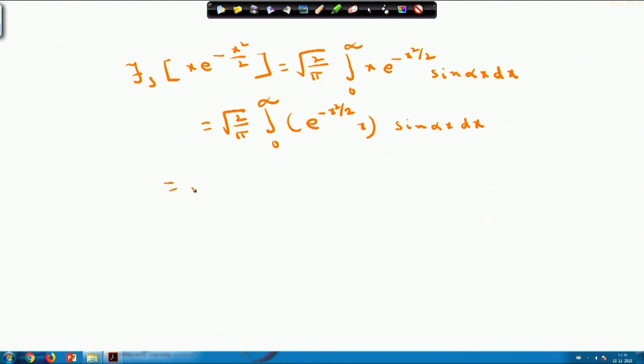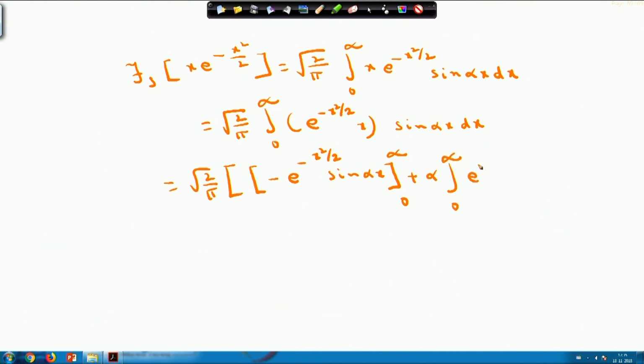Now, you use integration by parts for evaluation of the integral. So, you can write this equals minus e^(-x²/2) into sin(αx) from 0 to infinity, plus α into the second integral, which will come as e^(-x²/2) into cos(αx) dx.